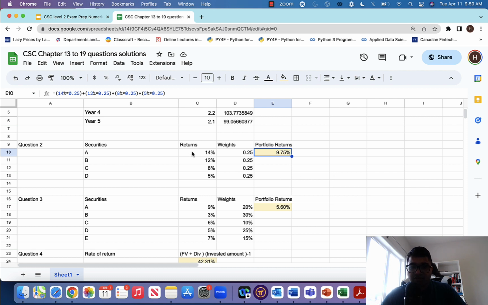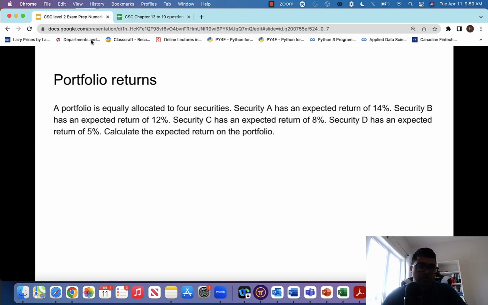It is return of A into weight of A plus return of B into weight of B plus return of C into weight of C plus return of D into weight of D. So it's 14% into 0.25 plus 12% into 0.25 plus 8% into 0.25 plus 5% into 0.25. That comes to 9.75. So your portfolio return, the answer, is 9.75%. Okay, this is the portfolio returns question.